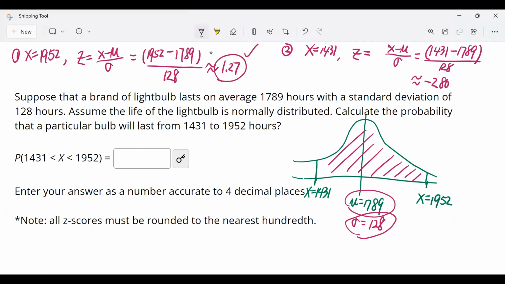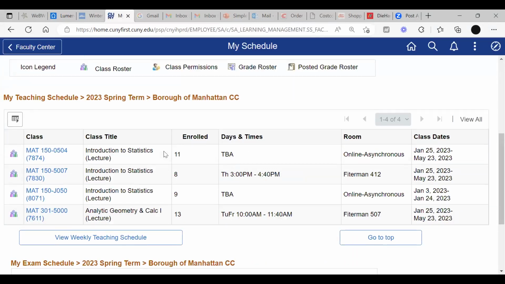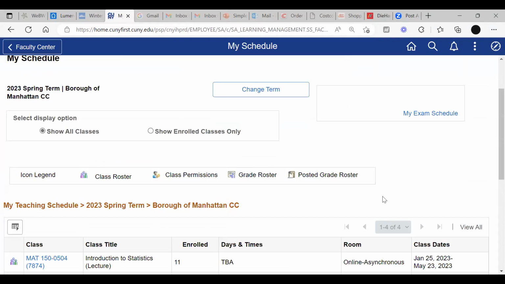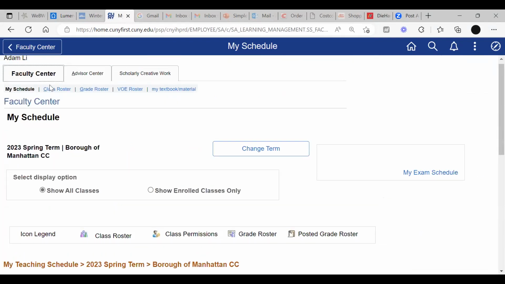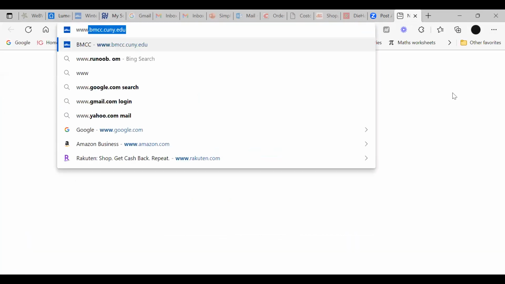To find the bigger probability, let me open the formula sheet. Go to the Blackboard course and open the formula sheet under the syllabus.